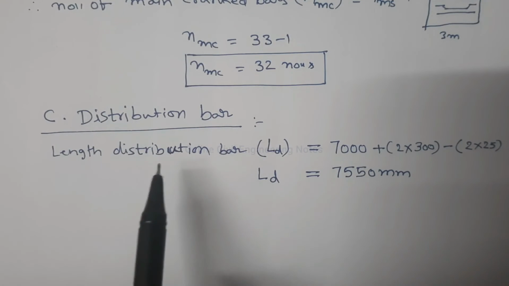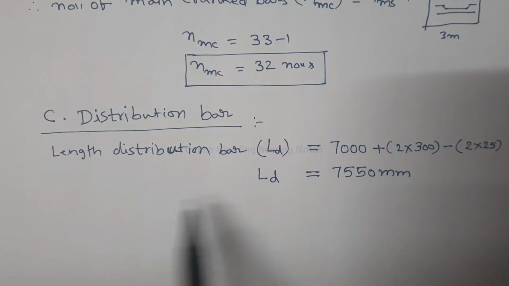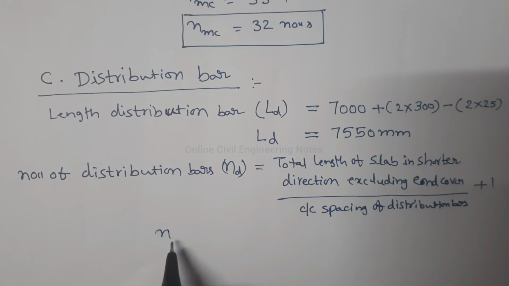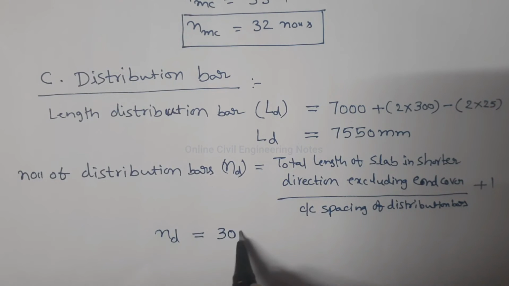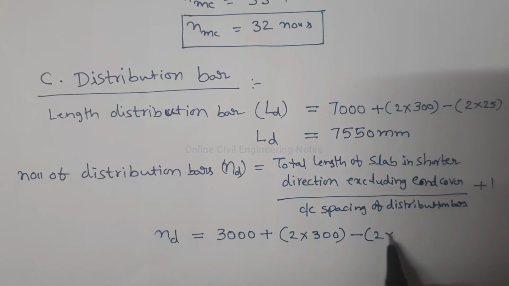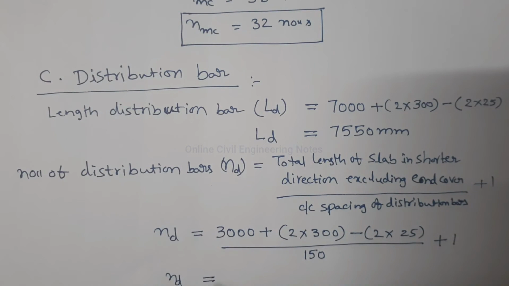Number of distribution bars is equal to total length of the slab in the shorter direction excluding the end cover divided by center to center spacing of distribution bars plus 1. The number of distribution bars is equal to 3000, which is the clear span in shorter direction, plus 2 into bearings minus 2 into end cover divided by spacing of distribution bars is 150 mm plus 1. 24.667.